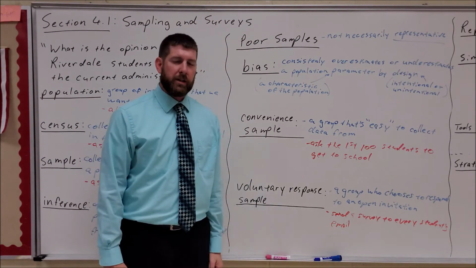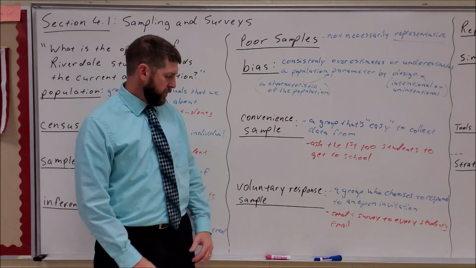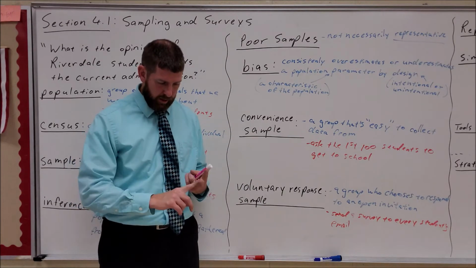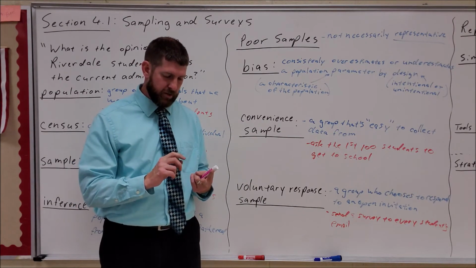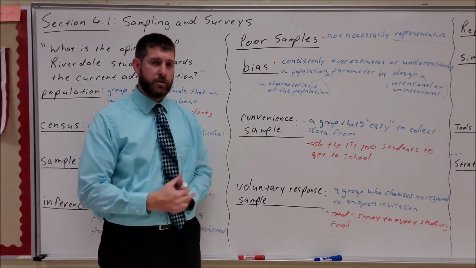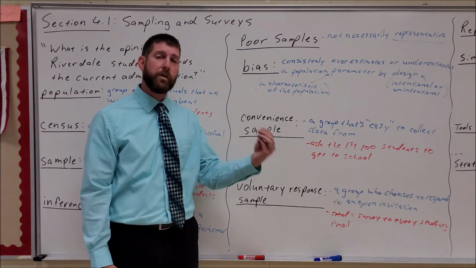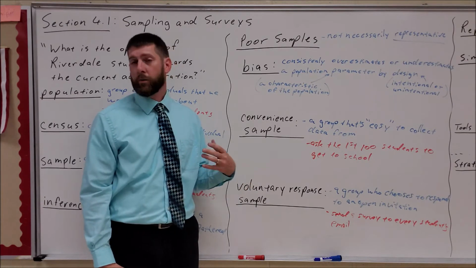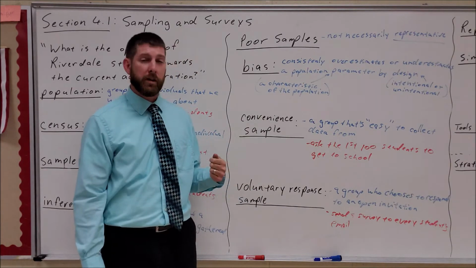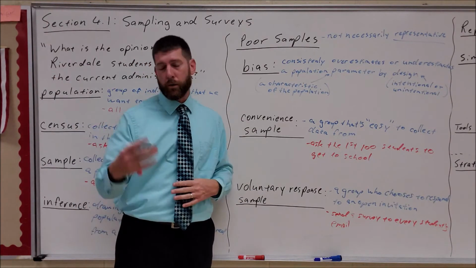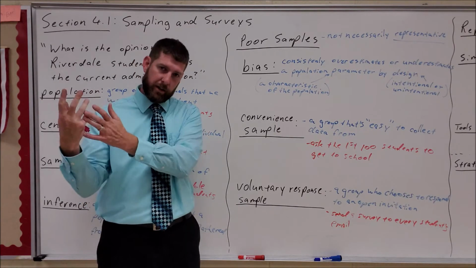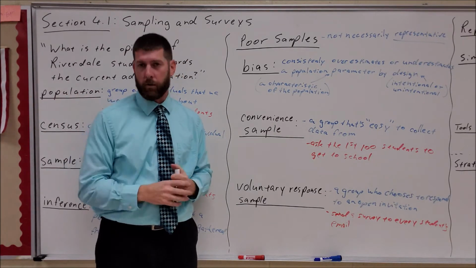So are we really learning about the population though when we do a voluntary response sample? So think of when we have homecoming elections. Think of when we have student body officer election. Think when we have presidential election. Are we really learning about everybody in the population? No, what we're really learning about is just the people that are highly motivated to vote. So maybe if it's homecoming and there's a band person up for homecoming queen, the band kids are really going to go vote because they want that band person to become homecoming queen.